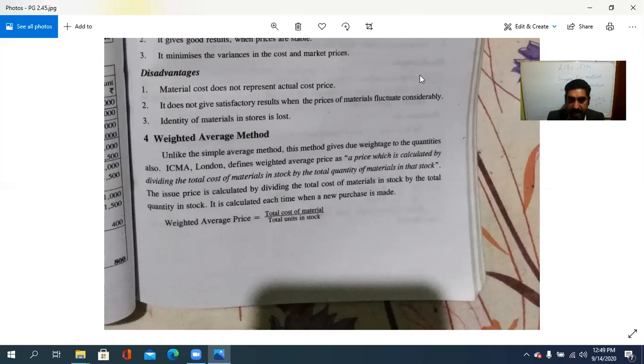It is calculated each time when a new purchase is made.